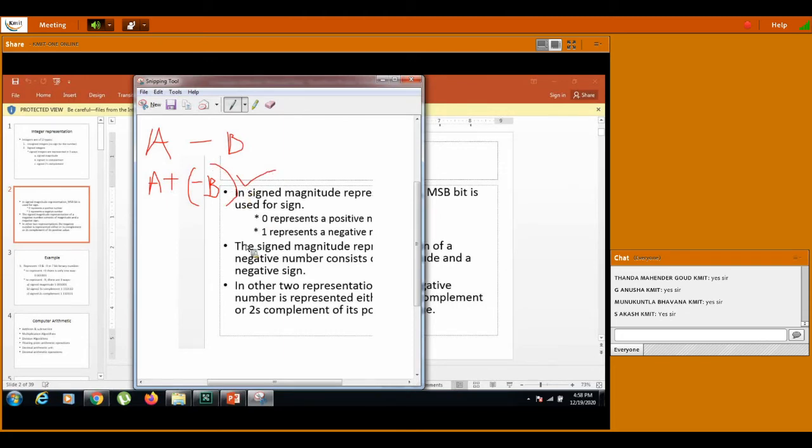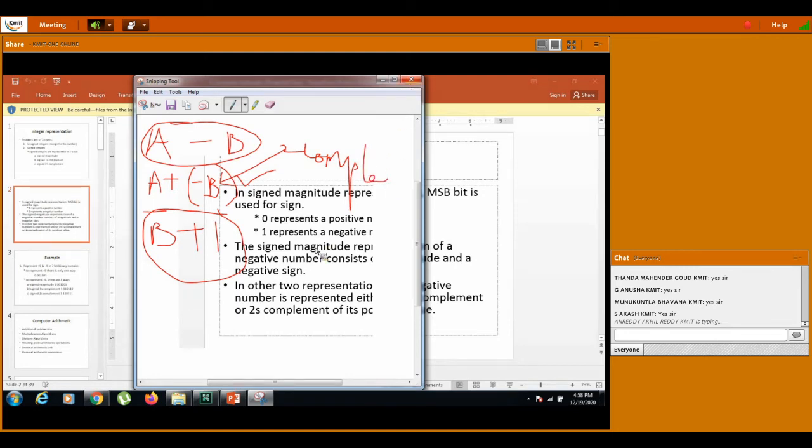Logically both are the same, because you know that plus into minus is minus only. But directly you are not going for this. This is represented as a plus of minus b, where you know how to get minus b. So minus b means b complement plus 1, that is nothing but the 2's complement of b.